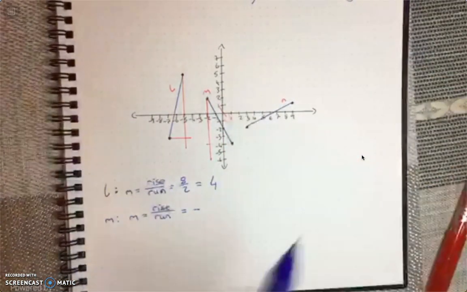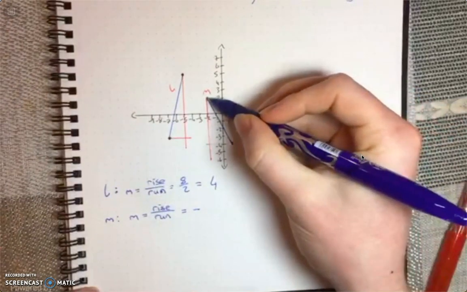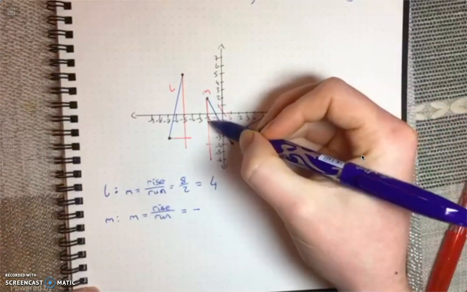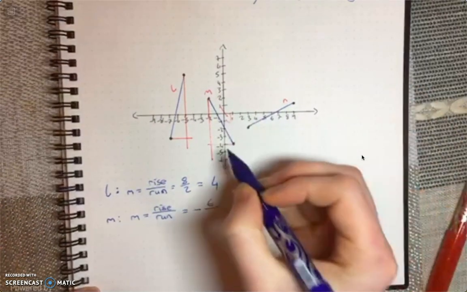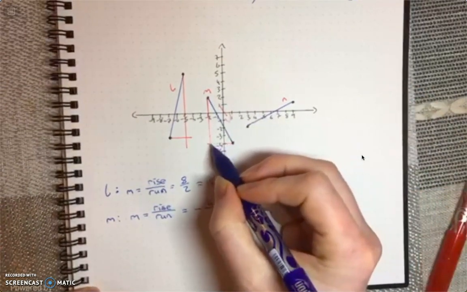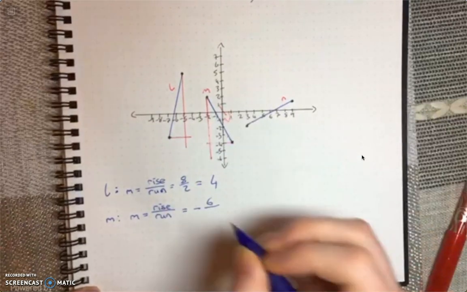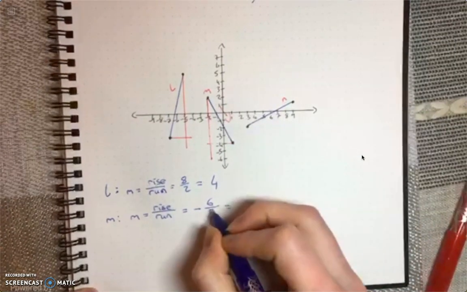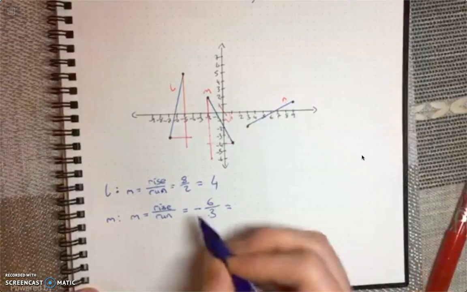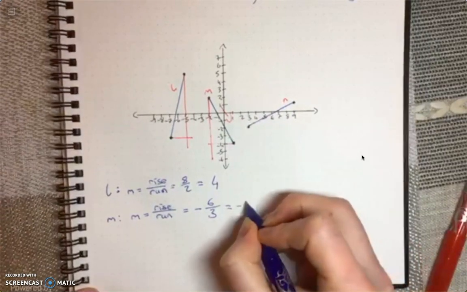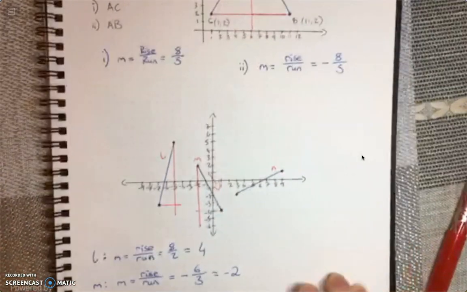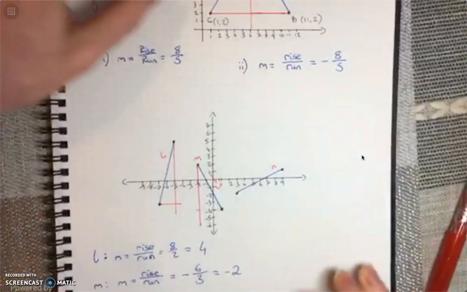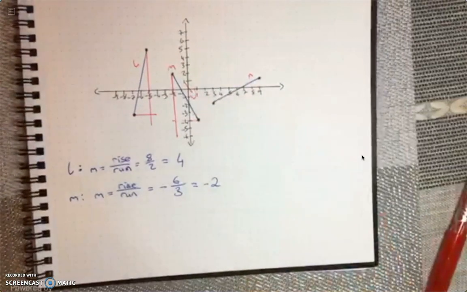So my rise, I start at this point, it's 1, 2, 3, 4, 5, 6 boxes. And my run is 1, 2, 3 boxes across. Minus 6 divided by 3 is going to give me minus 2. So sometimes you end up with numbers, sometimes you end up with fractions. It's just the way that it goes.